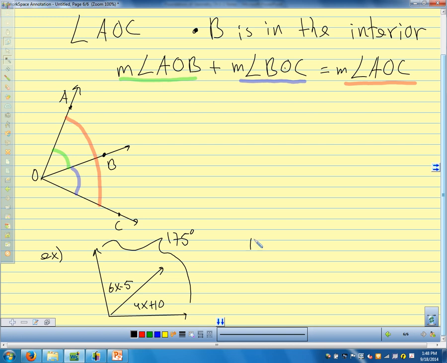So in words, we're saying the measure of angle, and I need to label some pieces, A, B, C, and D. The measure of angle ABC equals 175 degrees. We want to find the measure of angle ABD and the measure of angle DBC.